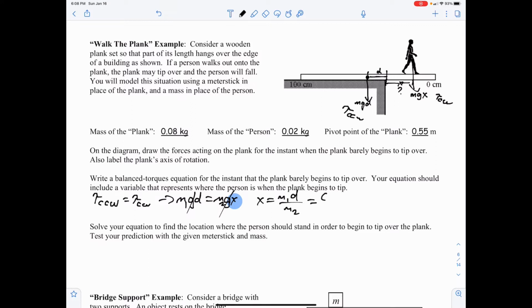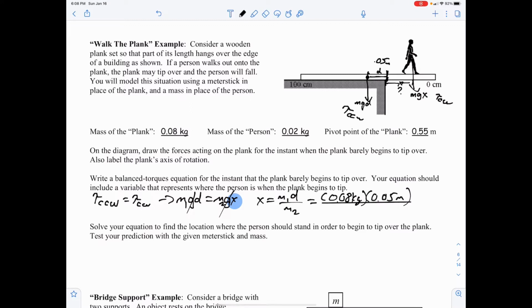So the mass of the plank is 0.08 kilograms times 0.05 meters. That's the distance. 0.55 meters is the location of the pivot, but the distance is 5 centimeters. The 50 centimeter mark is 5 centimeters from that pivot.